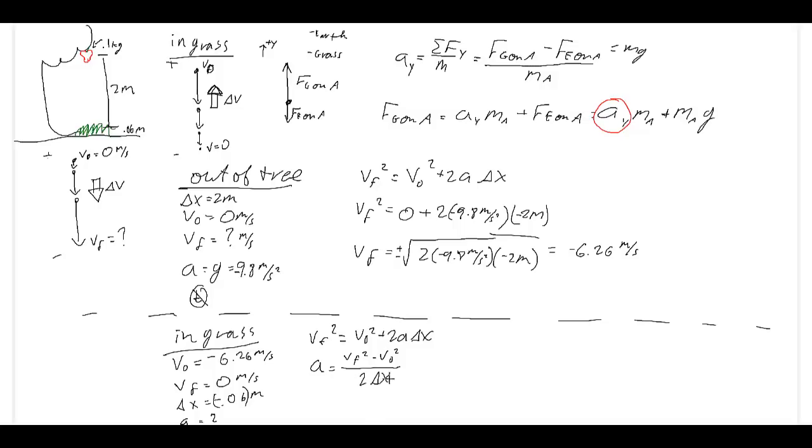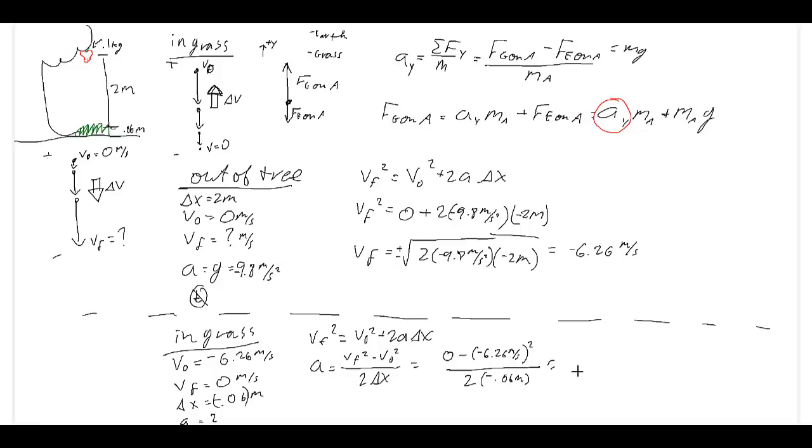2 delta x. So plugging in, v final is 0 minus our v initial, which is negative 6.26 meters per second, squared, over 2 times our delta x, which is negative 0.06 meters.